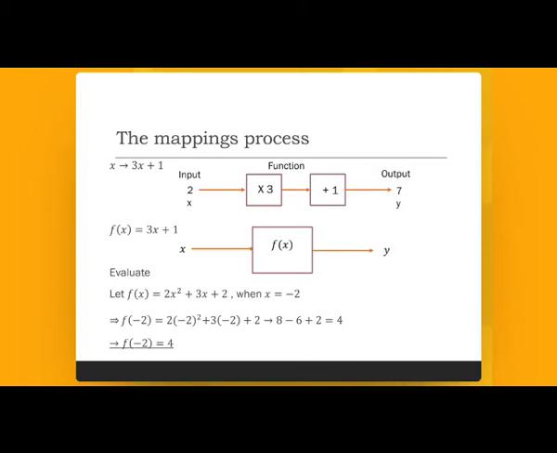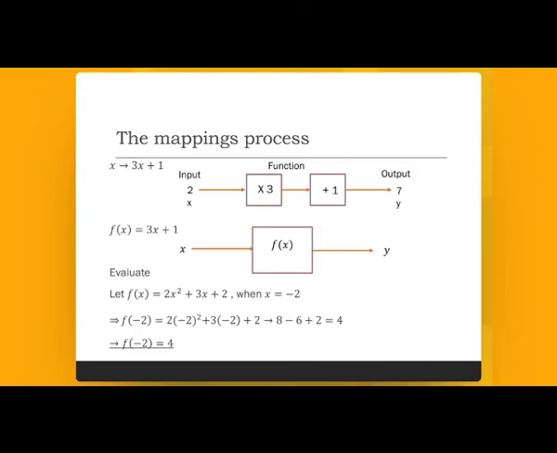Then you evaluate each term in turn: the first term gives 8, the second term minus 6, the third term 2, and then the answer 4. Then you write your final answer as f of minus 2 equals 4.